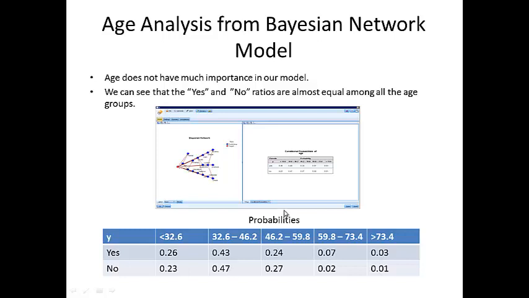So we can't conclude that as the age group increases, the person will take the offer, or as the age group increases, the person will not take the offer. That is the reason why we ignored age previously. And similarly we have analyzed contact and day.